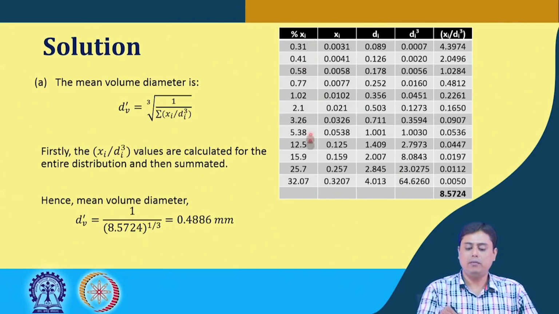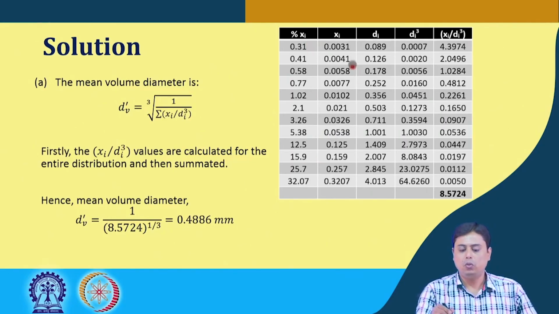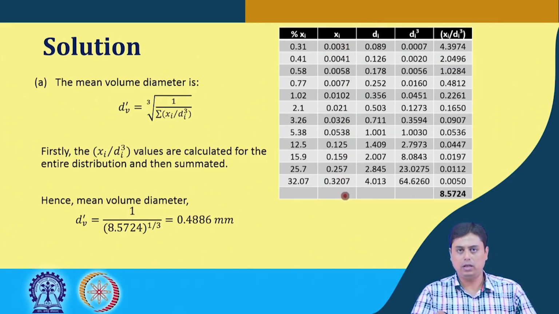How do we do that? In the table, the x column is the percentage mass that is directly written, so we divide it by 100 to get each mass fraction. Quite obviously, the summation of this whole column will be equal to 1.